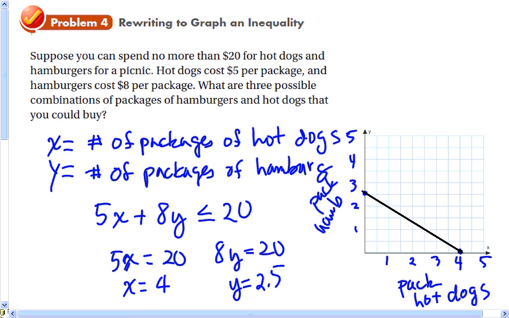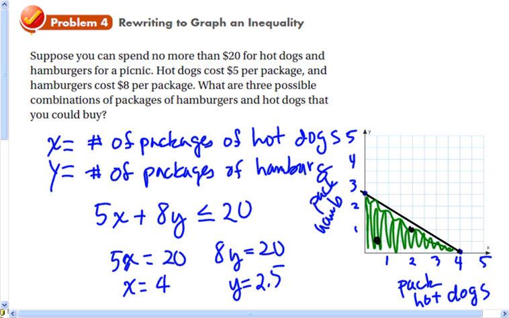All right. And I have a certain domain here. I can't buy negative numbers, and I can't buy negative amounts of either hamburgers or hot dogs. So I can now shade this region, and any points in that region will be solutions. So I can take a dot, like say right here, and that's a possibility. I could buy 1 package of each.